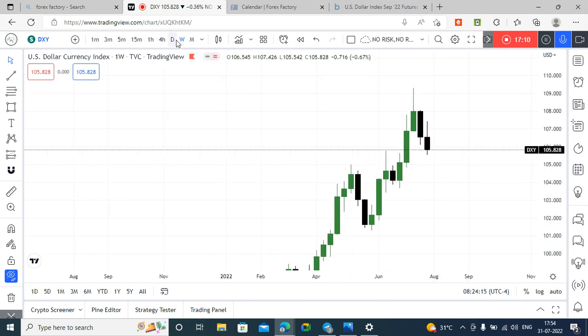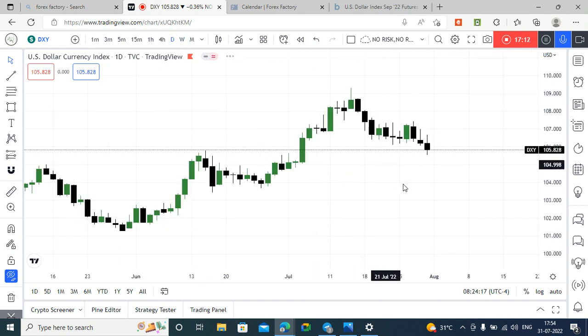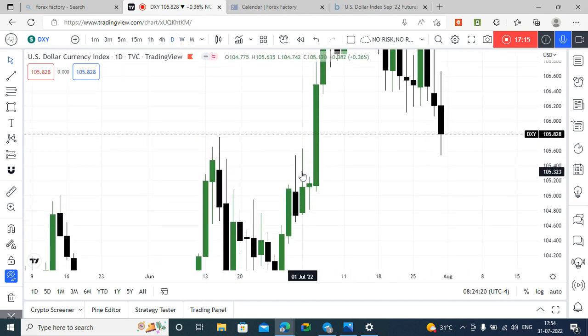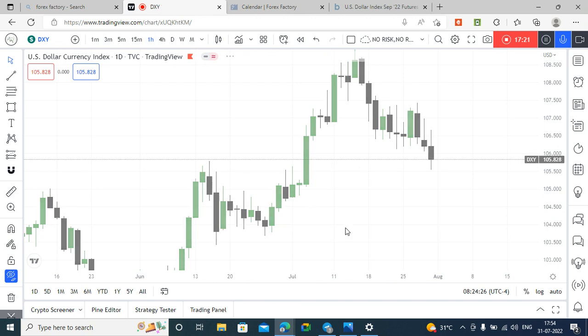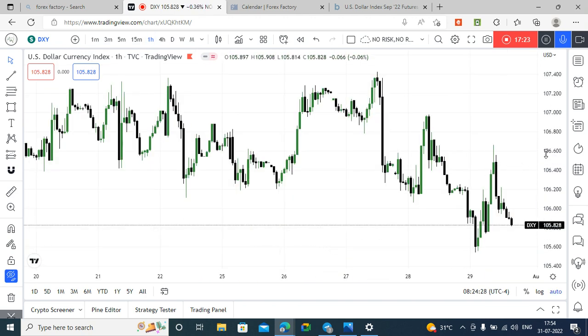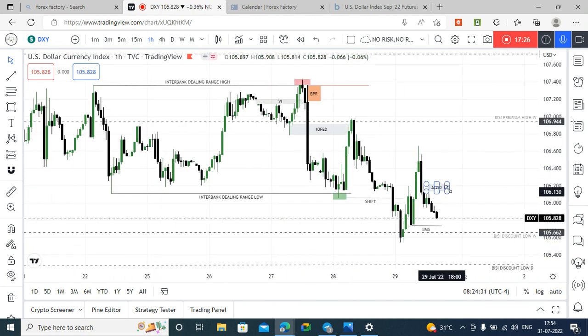For the short term we have to focus on this level also. This level we have to focus on. Okay, so guys, the top down analysis for the dollar index we'll see in another video.